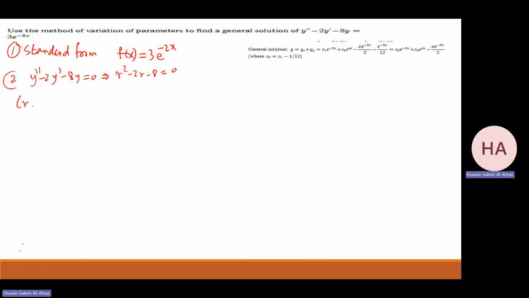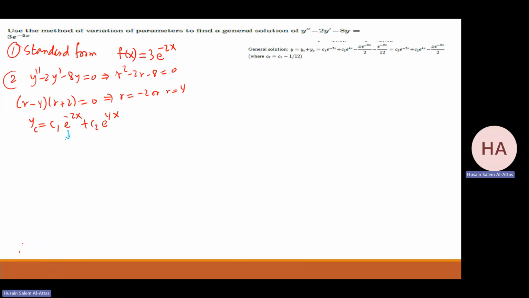And this is what? r minus 4 times r plus 2 equals 0. Good. So r equals minus 2 or r equals 4. So it is my YC: C1 e to the minus 2x plus C2 e to the 4x. That will be my YC.